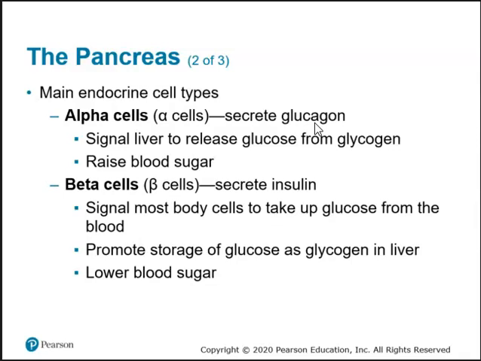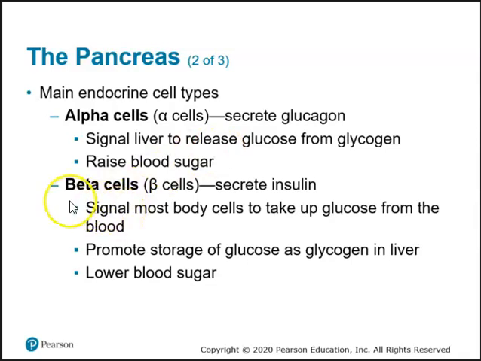And glucagon basically is a hormone that signals the liver to release glucose from our stored form, which is glycogen, and helps raise our blood sugar. So if we're in states of starvation and we don't have any available food sources, the pancreas will secrete the hormone glucagon to help release the stored sugar in our liver to kind of raise our blood sugar.